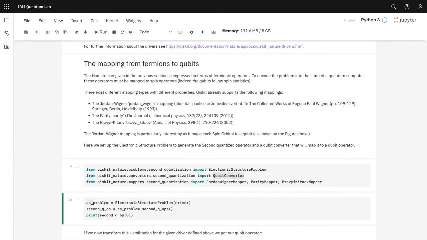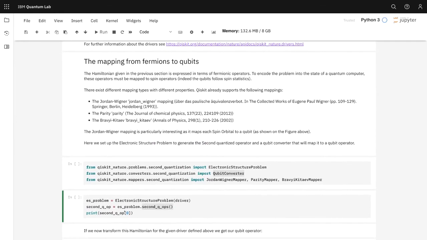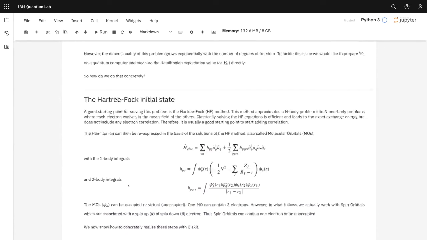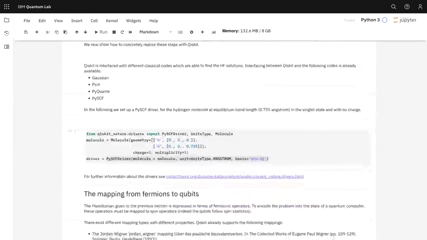And once we've done this, we can get our second quantized operators by calling this function here. And if we print this, oh, sorry, I forgot to run the first cells.